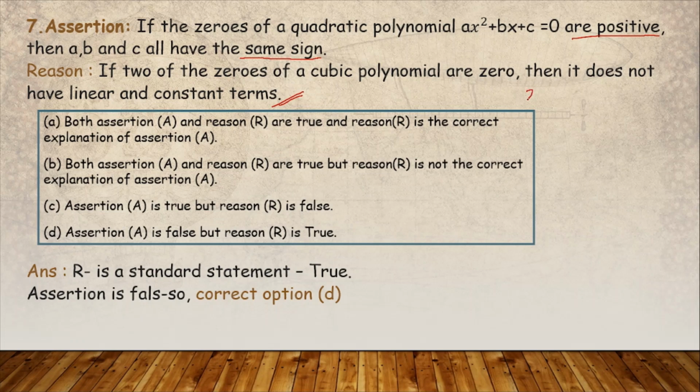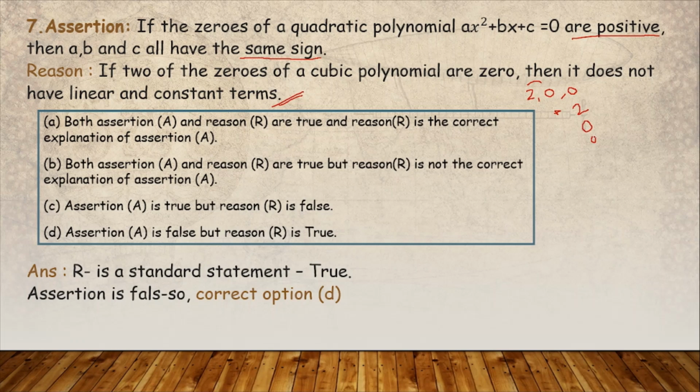Suppose the first zero is 2, the second zero is 0, the third zero is also 0. Right. When you go for the sum of zeros, the sum of zeros is 2. The sum of products of zeros is 2 into 0, 0; 0 into 0, 0; 0 into 2, 0. So the sum of products is also 0. Then the product of all three zeros is 0.